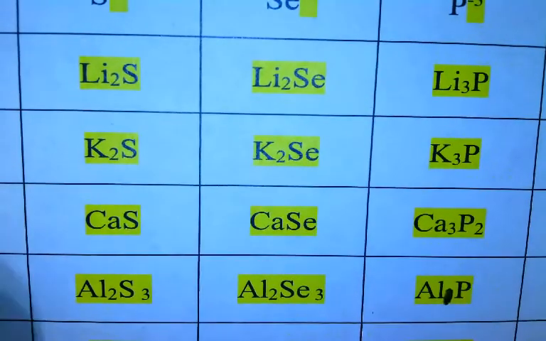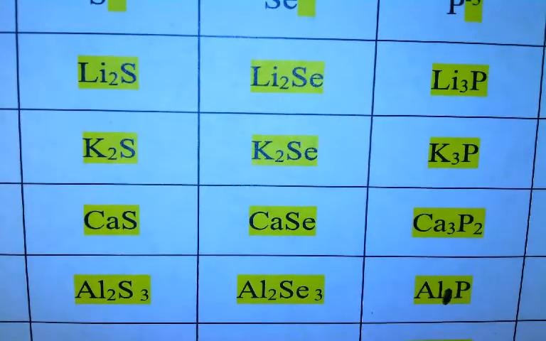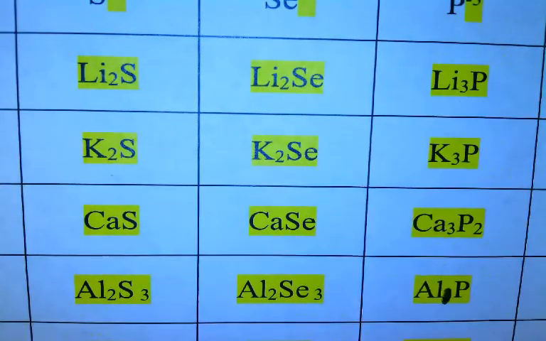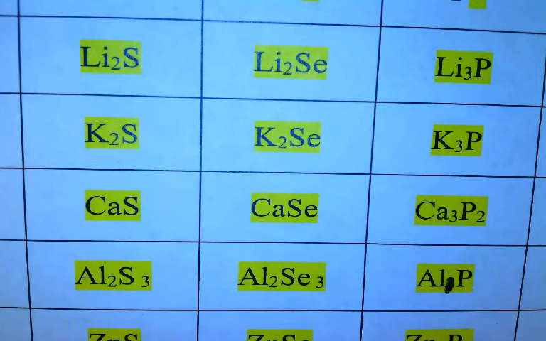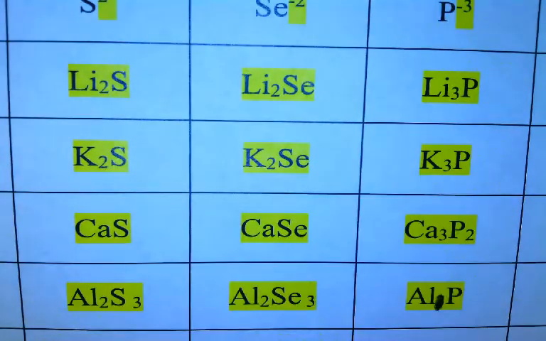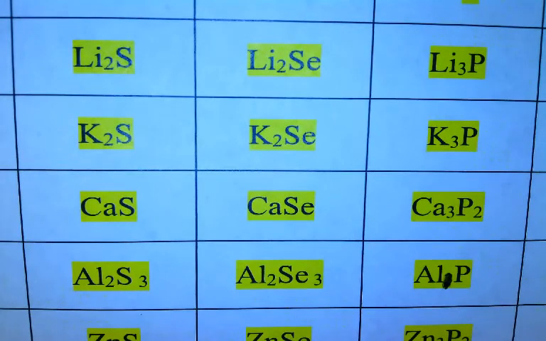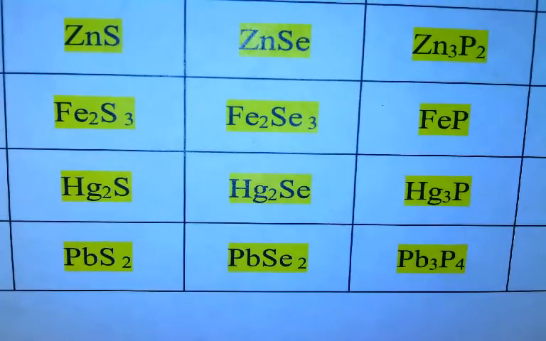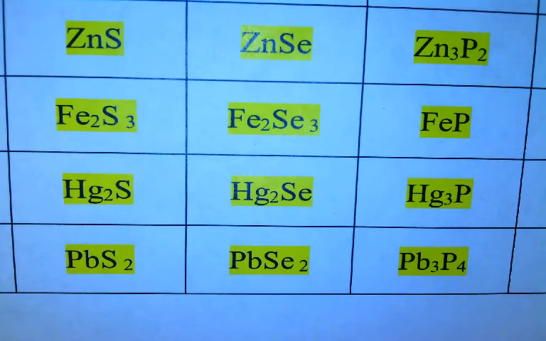This is column 4, column 5, column 6. Oh, 4, 5, 6. Columns 4, 5, and 6.